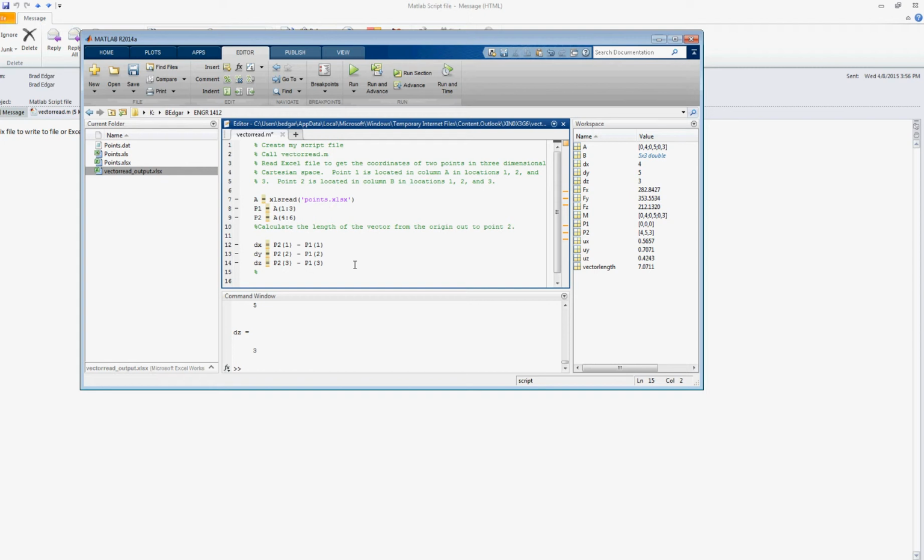Let's calculate the vector length using the distance formula, which is going to be the square root of dx squared plus dy squared plus dz squared.